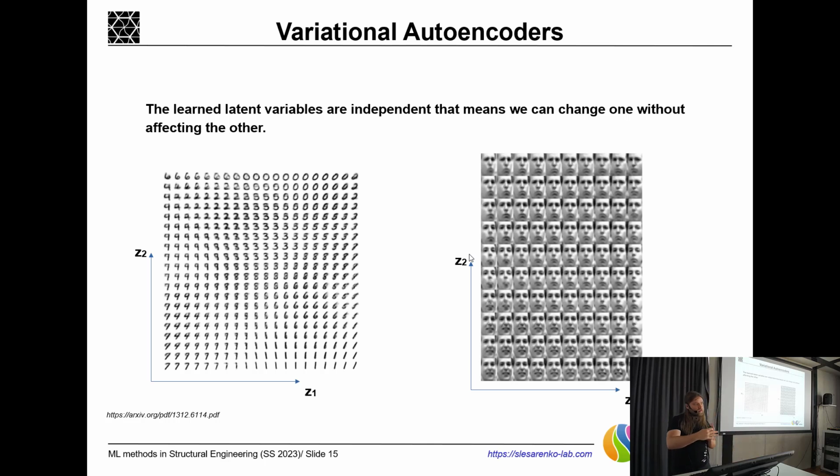So these are a little bit related, but these are again features that have some meaning, and you can control them. This is a very nice thing for a variational autoencoder, that they are able to learn such things that humans are able to interpret and use to change the data in some meaningful way.